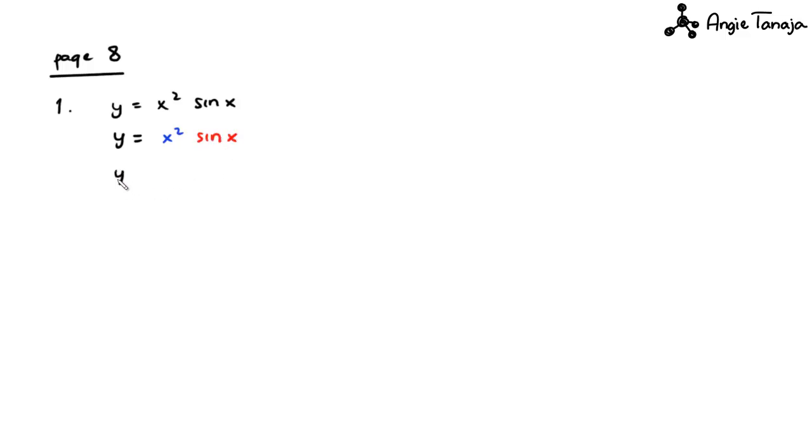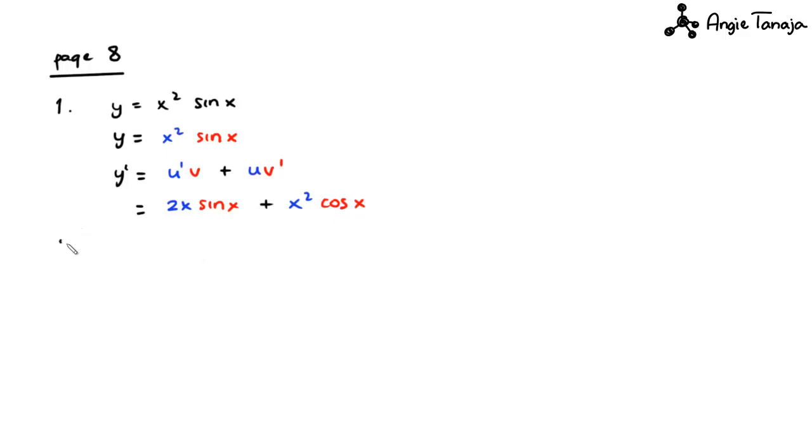According to the product rule, the first derivative of y will be u prime v plus u v prime. So we're going to apply this one. U prime is 2x, v is sine x, plus u, which I need to copy, and v prime is cos x. And this is it, just like this.